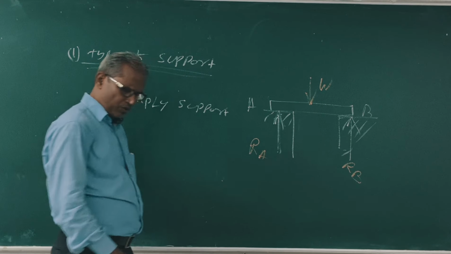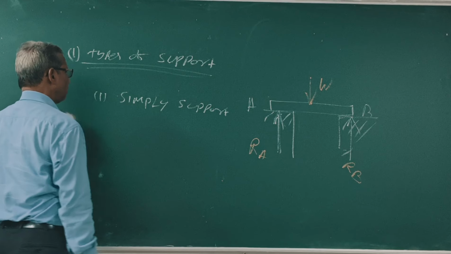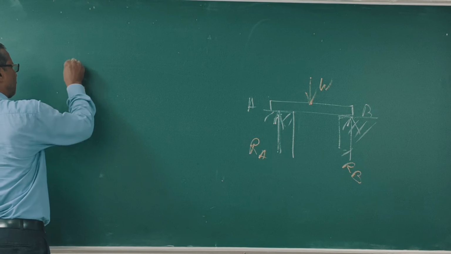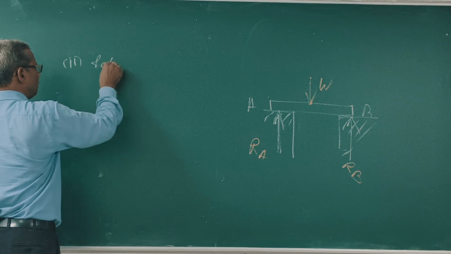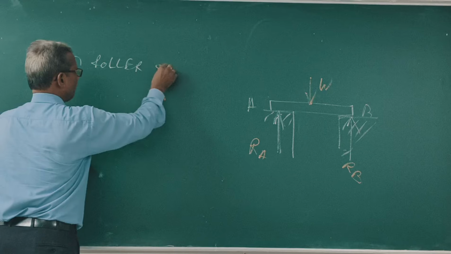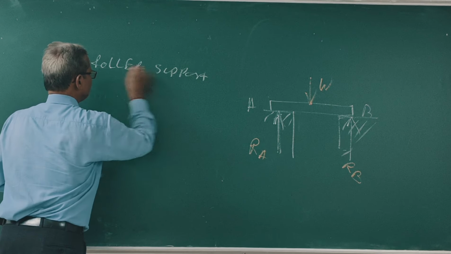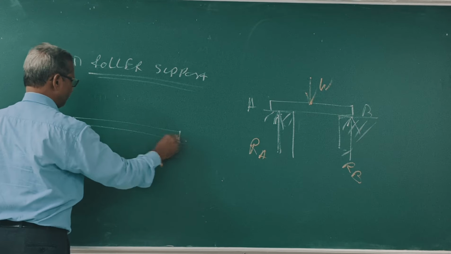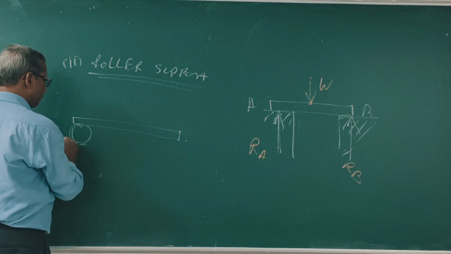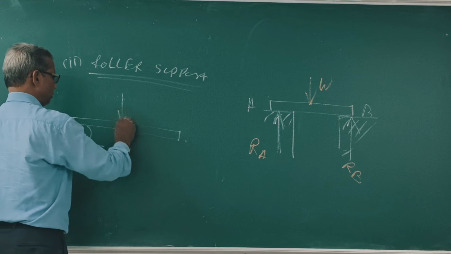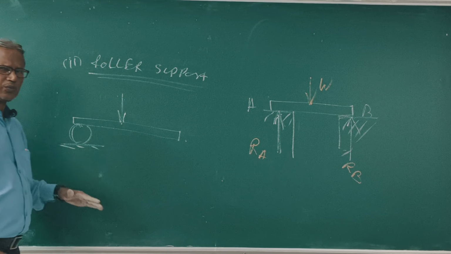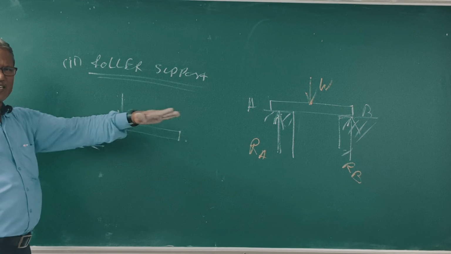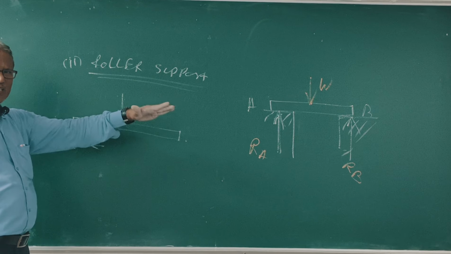Clear? Number 2, roller support. This is a roller support. In this case, the beam can translate linearly along its length.